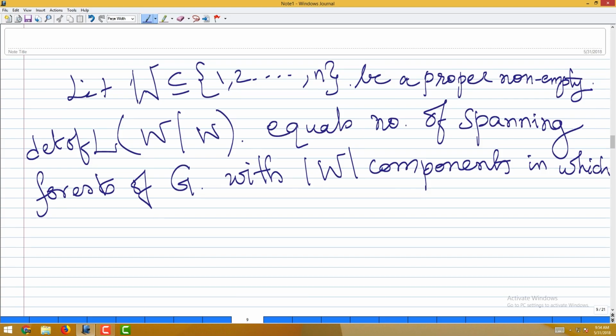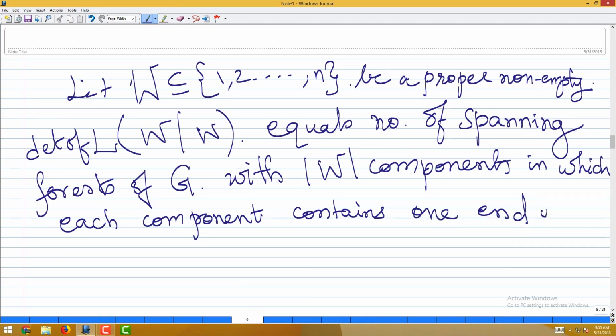So, I am not stopping here, it not only gives me the number of components in the forest, it also tells me that each component contains one vertex, sorry, not edge, one vertex of W. Okay.